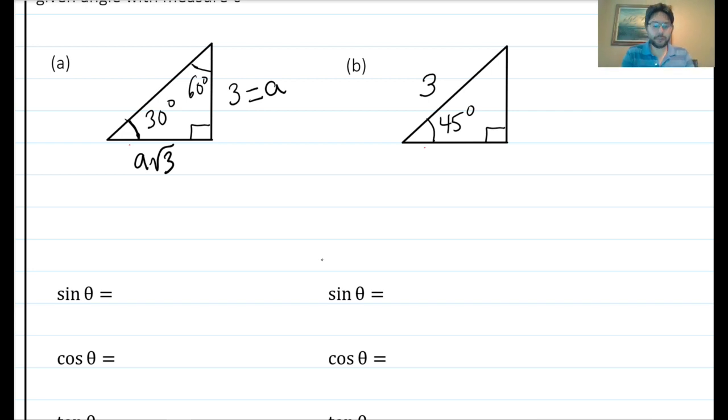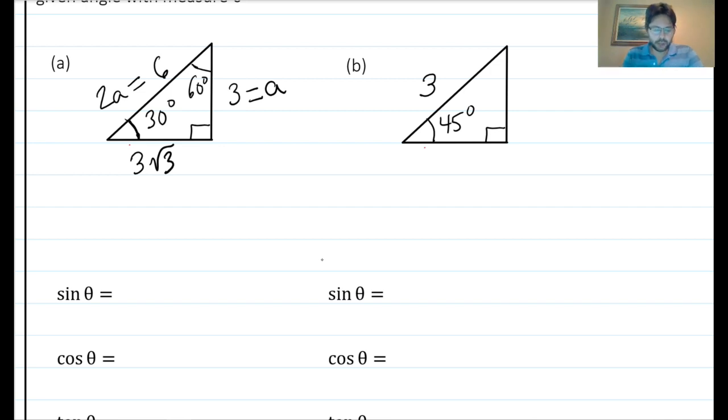So really we can replace this with 3 square root of 3. I'm going to go ahead and do that now just to save some time. And the hypotenuse, remember, is 2A, which is really 2 times 3. So 2 times 3 is 6, so I'm going to go ahead and just call that 6. So now we know all the sides.